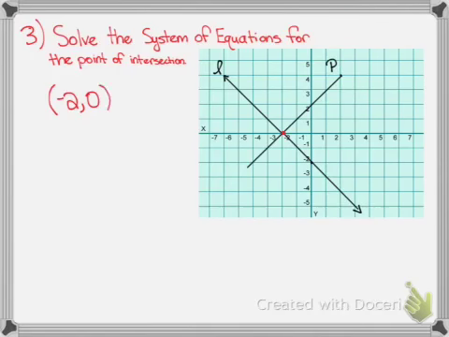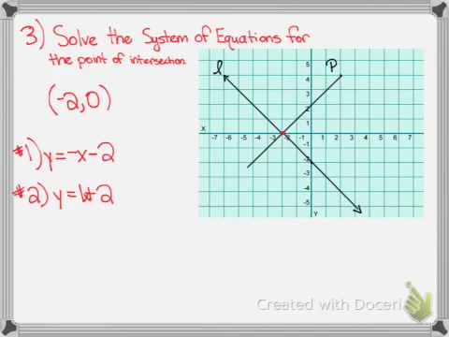But now we're just going to solve it using substitution, just in case you don't prefer using graphing. The equation from step 1 was y equals negative x minus 2, and the equation from step 2 is y equals 1x plus 2.